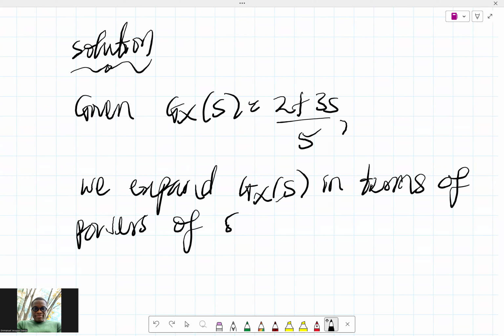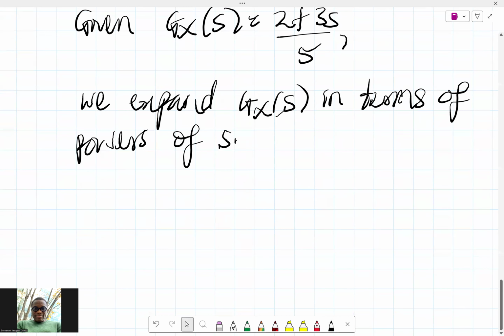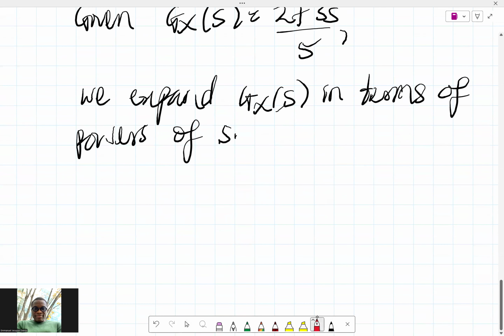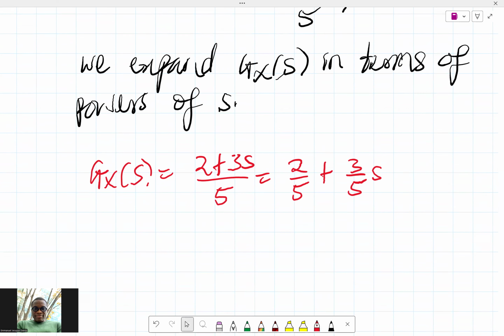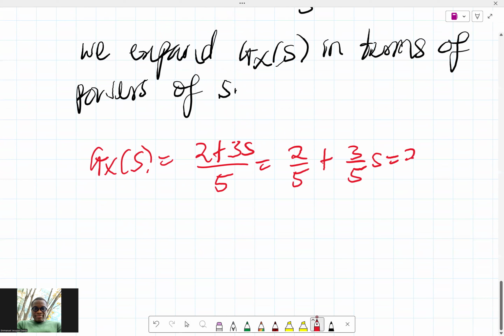That's all we need to do. Whatever the expression is, just expand it in terms of the powers of s. So G_X(s) equals (2 plus 3s) divided by 5, which is 2 over 5 plus 3 over 5 s. Writing that better, it is 2 over 5 s raised to power 0, plus 3 over 5 s raised to power 1.